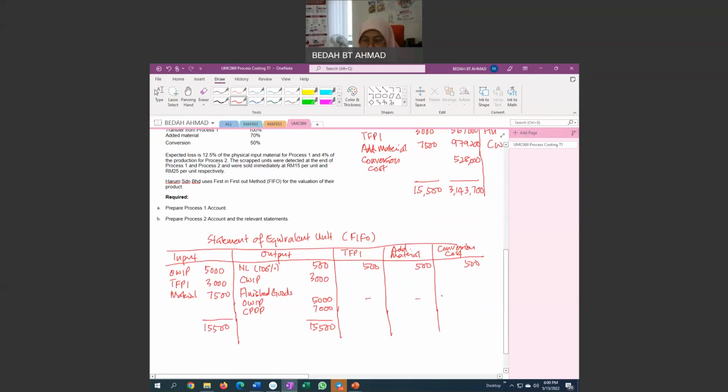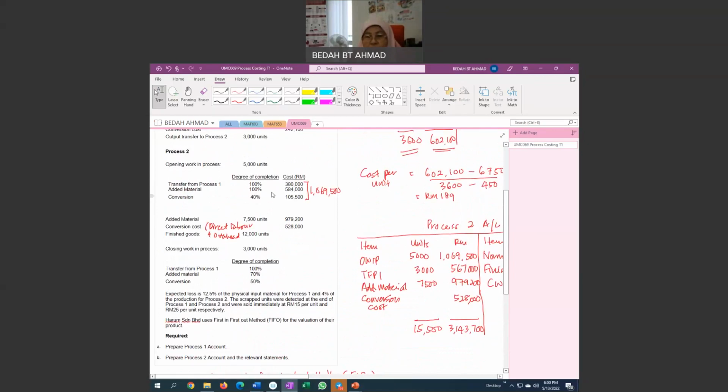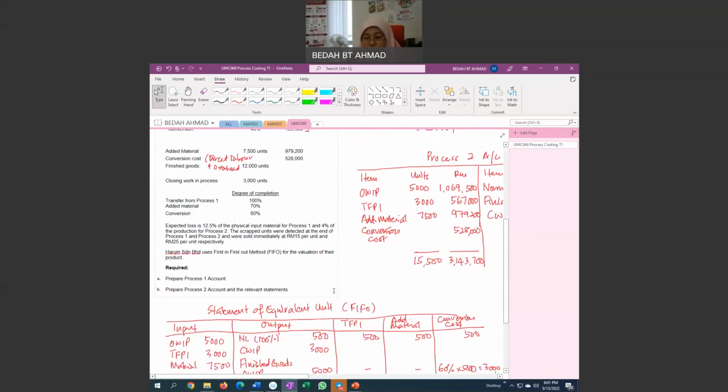Additional material also is nil. For this one, we need to take the 60%. So 60% out of 5,000 is 3,000. So why is it nil or zero? Because it's already 100% complete when it is transferred from process 1 to process 2.